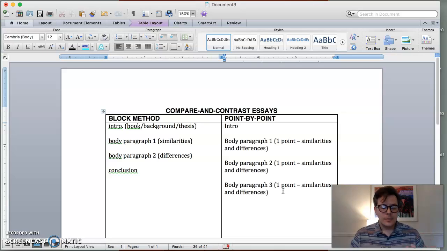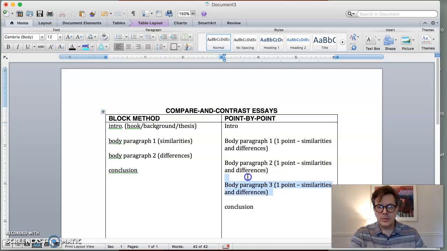So who they are, the way they talk, could be a point, right? That could be dialogue. You could focus one whole paragraph on dialogue. Another point about characterization might be their attitudes, the way their attitudes are similar and the way their attitudes are not alike. That could comprise a point about characterization and how those two things are alike and how they're different in one paragraph. And then, of course, you have your conclusion.